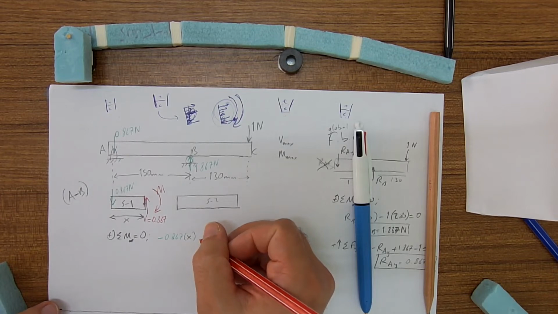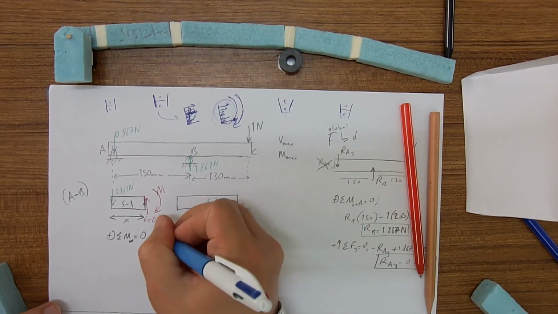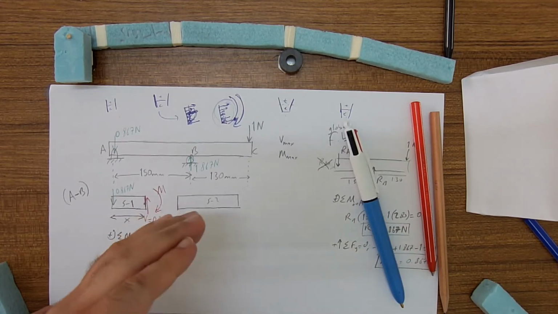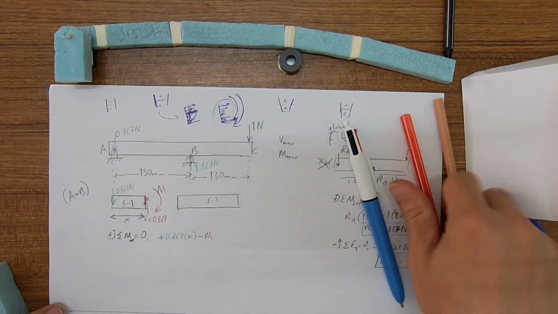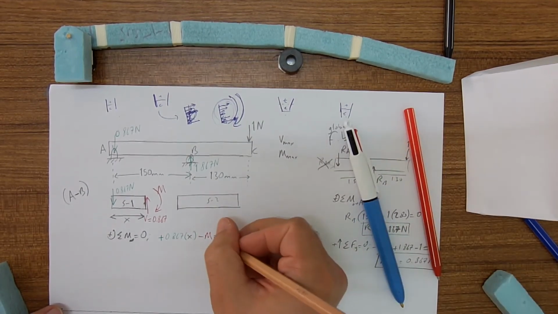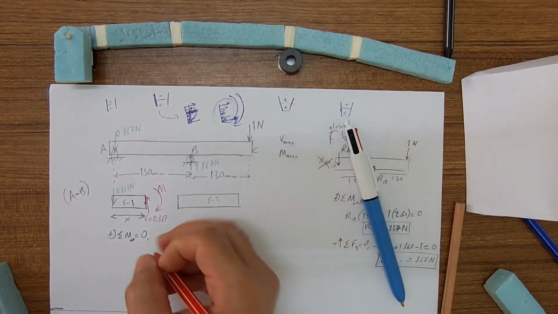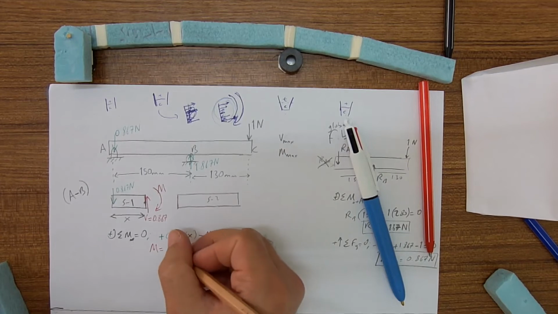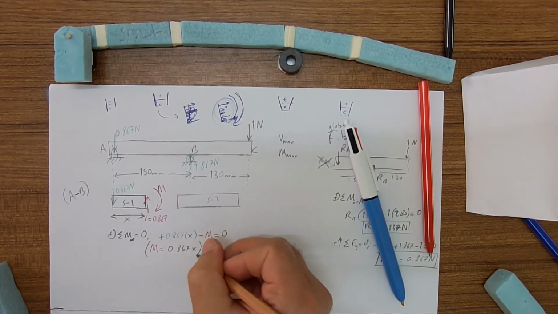Sorry, this one is in positive direction because this is the moment, but moment is trying to rotate this way, therefore it is negative. Summation of them is equal to 0, and therefore M is equal to 0.867x. So it is an equation.